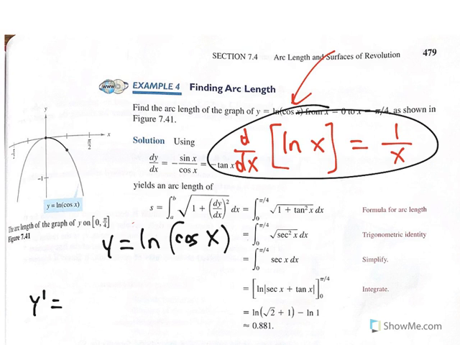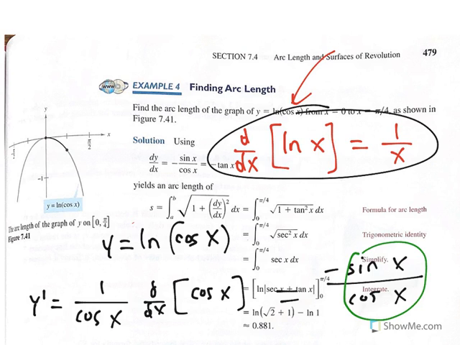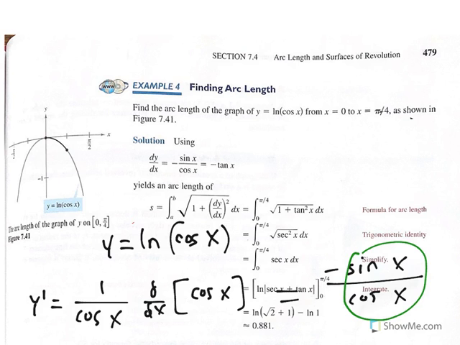So you get y prime is equal to 1/cosine x multiplied by the derivative with respect to x of cosine x, which is of course negative sine x. That gives you negative sine x over cosine x for the derivative. And sine over cosine is tangent, so that gives you negative tangent x. So the derivative of the function is negative tangent x, and of course you see that over here.